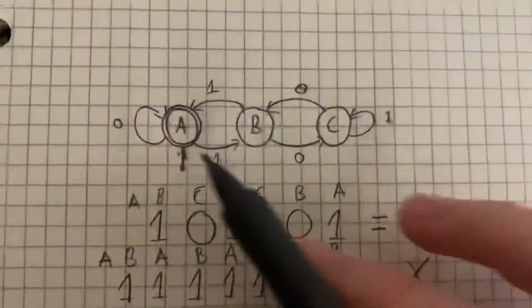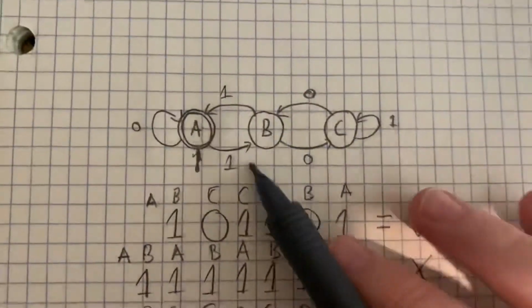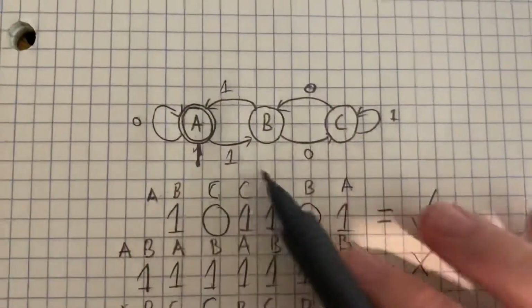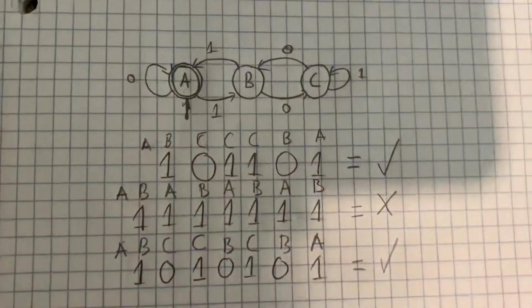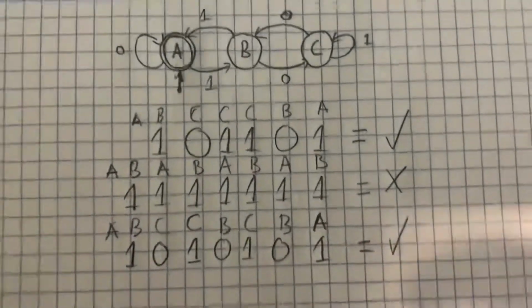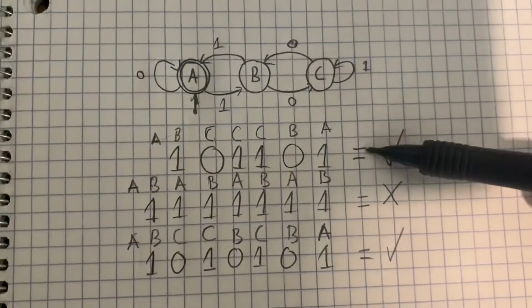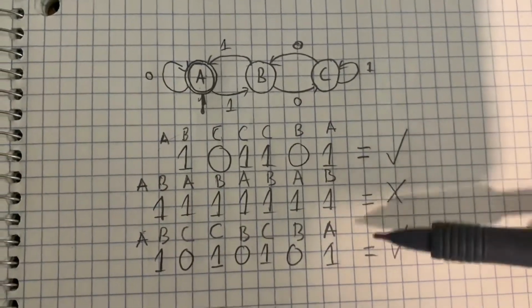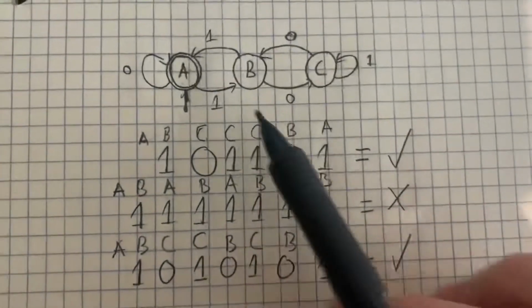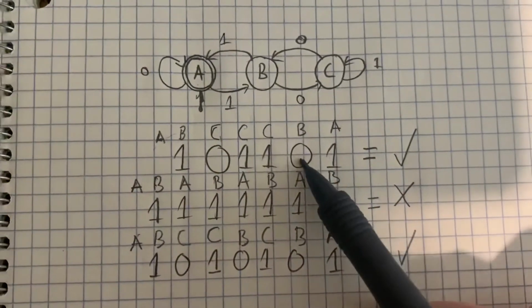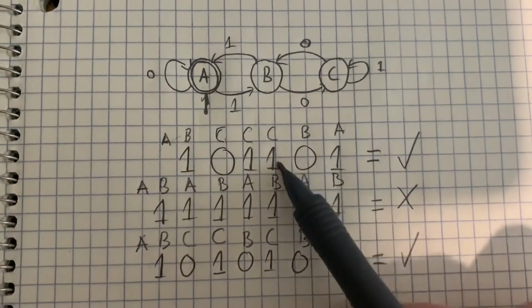Well, this machine is actually constructed to determine if the binary number that you've inputted is a multiple of 3. So the strings here that are accepted by the machine are multiples of 3, and we can kind of see that this is 1, 2, 4, so 5.